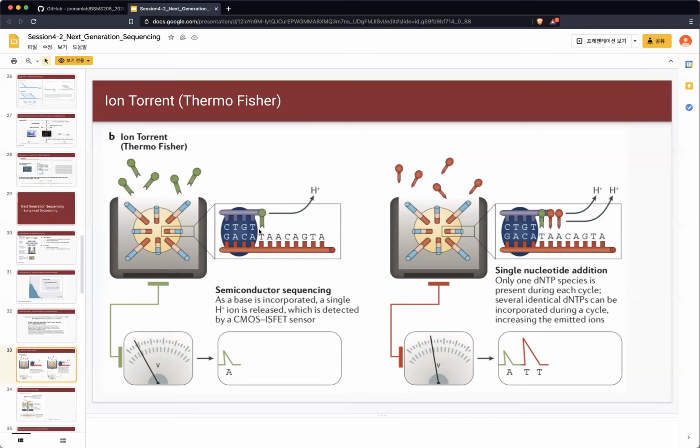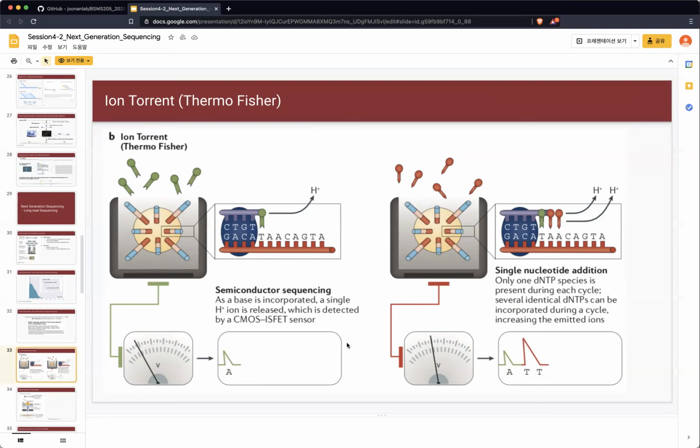At each position, it emits ions for each cycle. Each nucleotide has a different level of ion emission. A has, let's say, this degree, and T has a longer degree. Then it tells which nucleotide is incorporated at these positions, right?